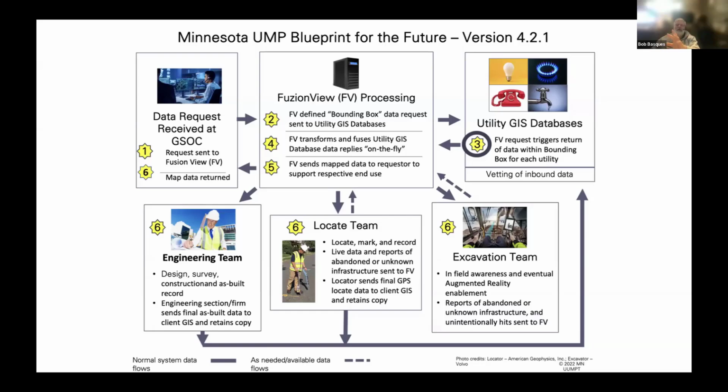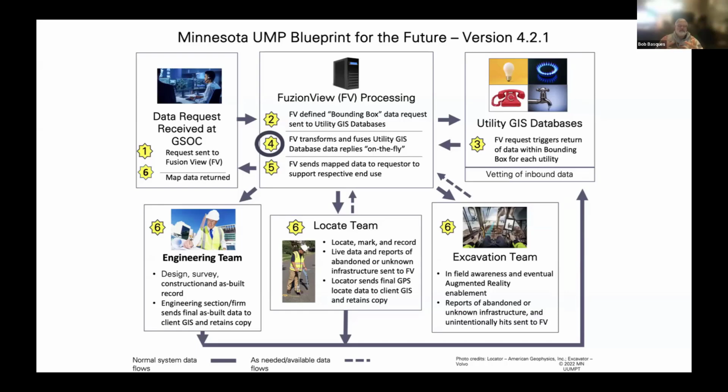But what happens is the data is retrieved from each one of those data providers, and then it's pulled back into the FuzionView engine where it gets transformed. First, the data is put into a generic coordinate system on the FuzionView engine. It's basically UTM, so we're using that as a state coverage for Minnesota. That's kind of the happy medium for a state level layer.